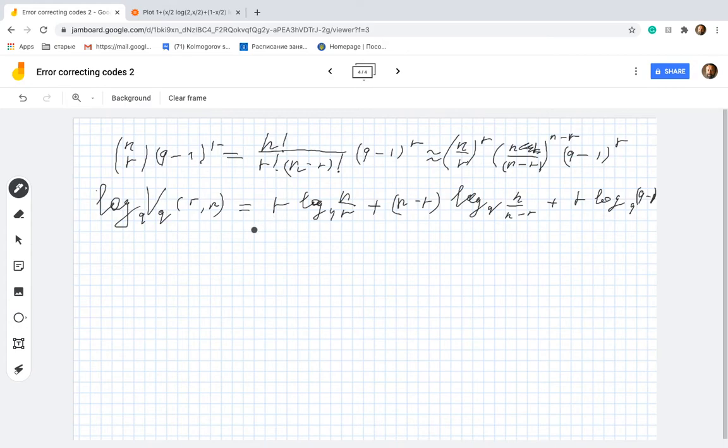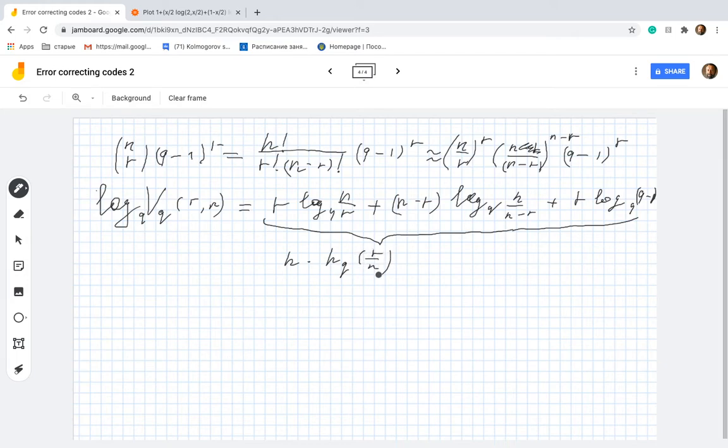Now this is usually expressed using the Shannon function. So this is usually expressed as n times the Shannon function of r over n.